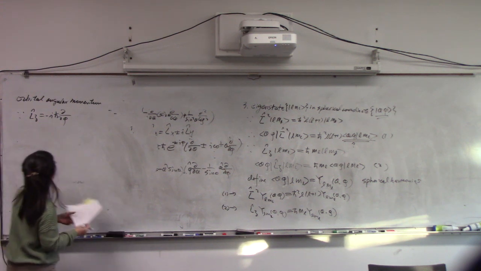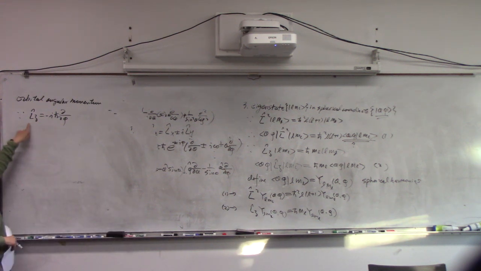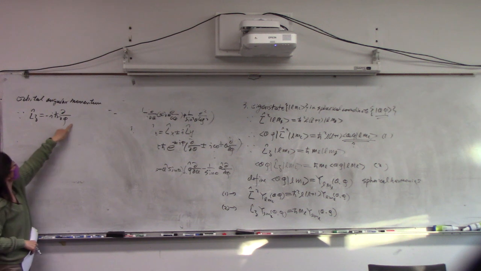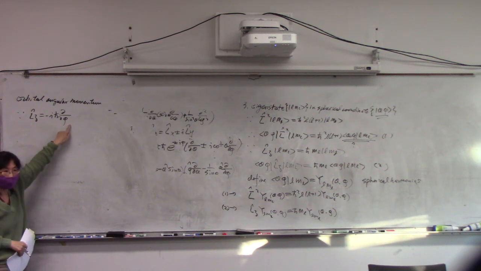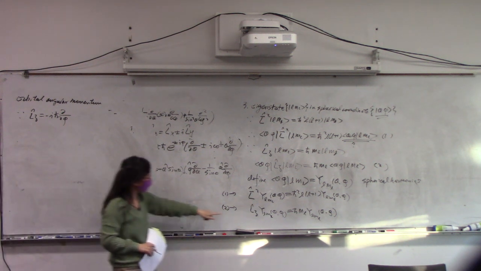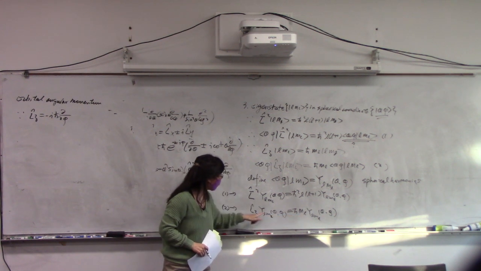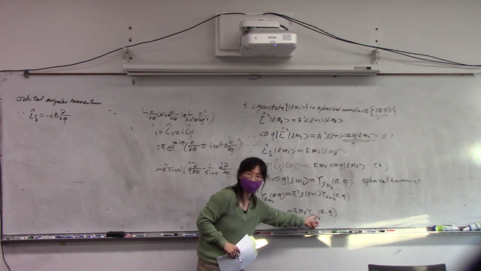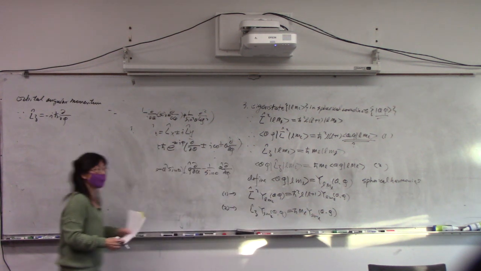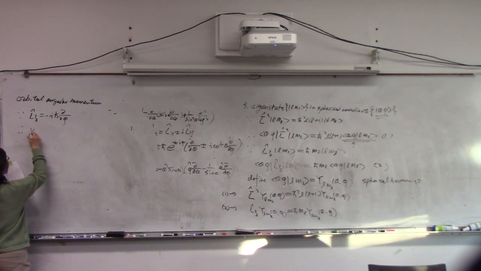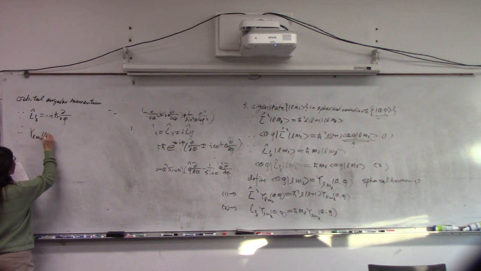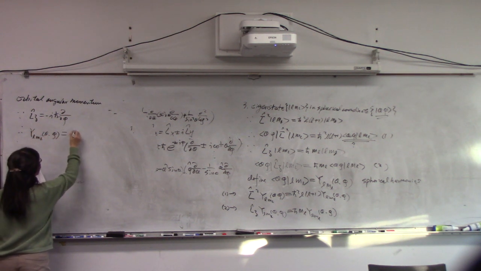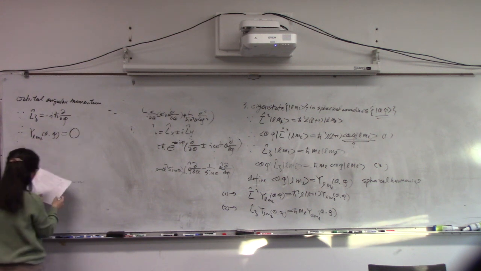What does this mean? This Lz operator only depends on the variable phi, not theta. So when Lz is applied to this function, only the phi dependence changes, and it equals the function itself times a constant. What does this mean? This function is separable, right? Separate. I'm going to use that.